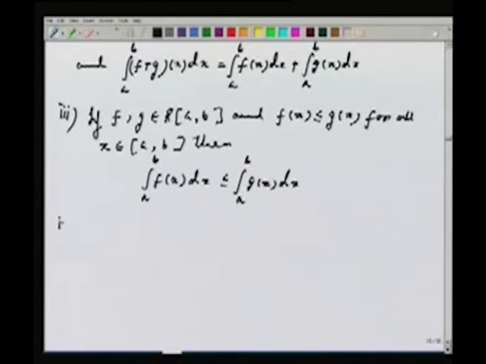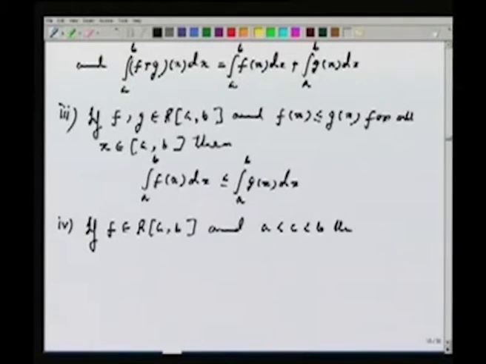Fourth property, if f belongs to R[a,b] and c is a point which lies between a and b, then f belongs to R[a,c]. Well, here what I mean is, if I restrict f on the interval [a,c], then f belongs to R[a,c].